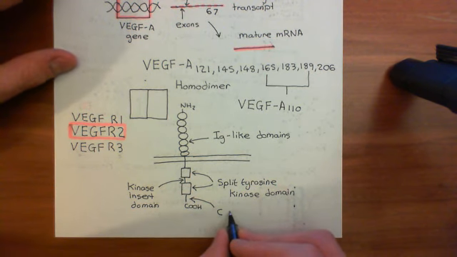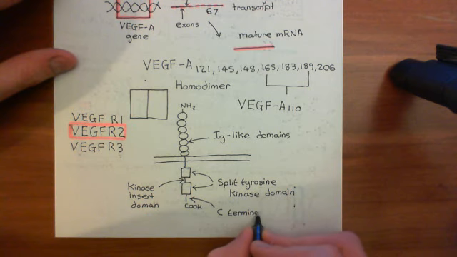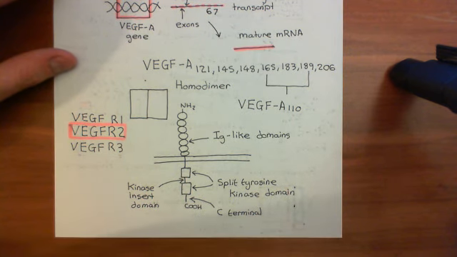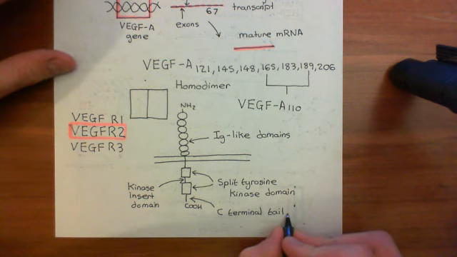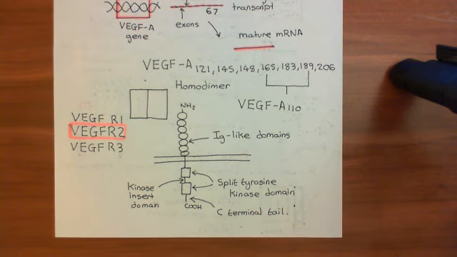Okay, and you might wonder, why am I telling you this? Well, because some of the tyrosine residues that are going to be phosphorylated on the cytoplasmic side of this vascular endothelial growth factor receptor 2 will be in the C-terminal tail. Okay, right. So there we have discussed the structure of vascular endothelial growth factor receptor 2.